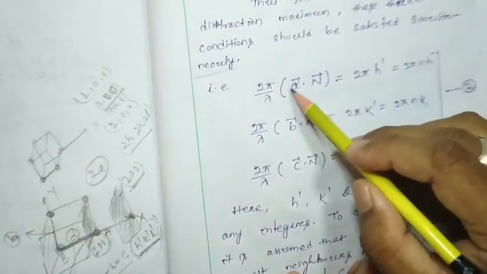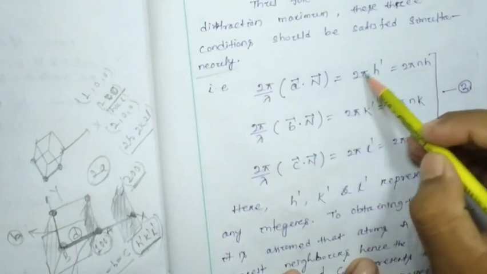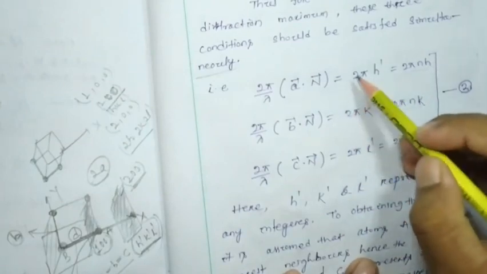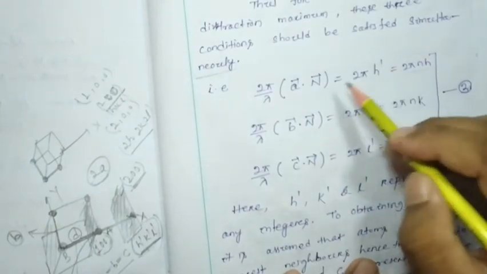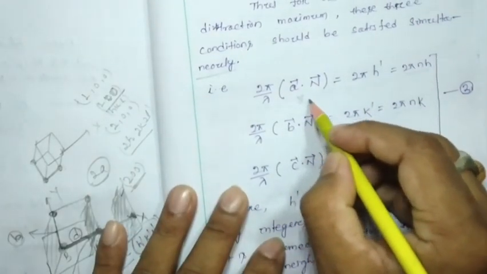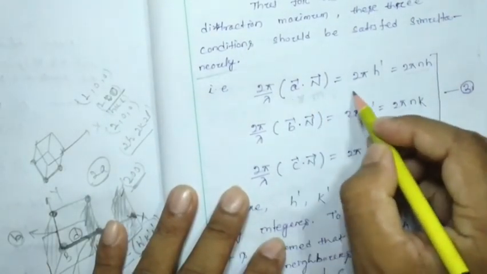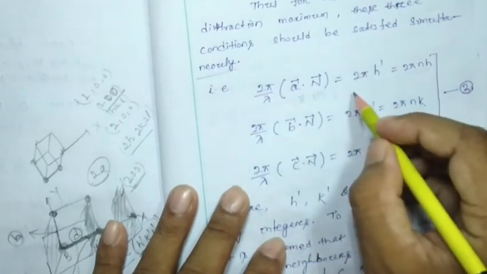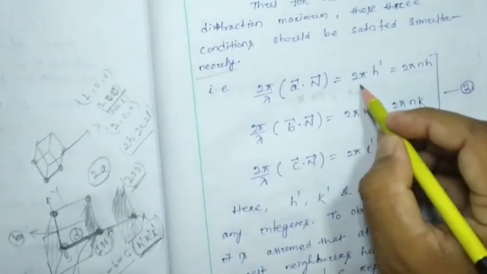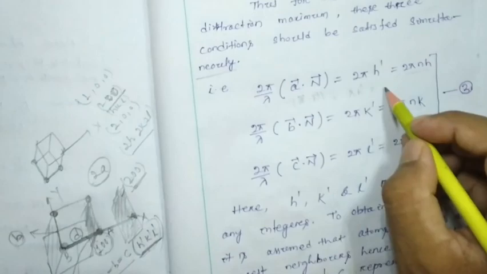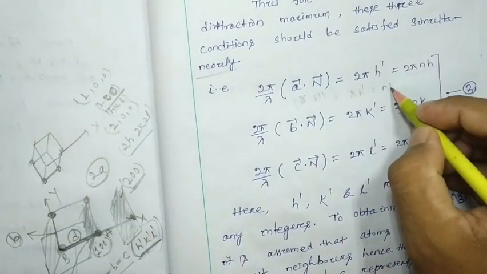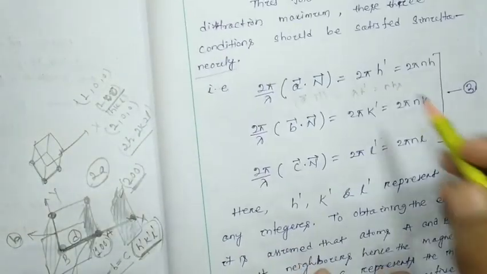This will be A dot N equal to 2 pi lambda H dash. With 2 pi cancelled, it will be lambda H dash equal to NH lambda.